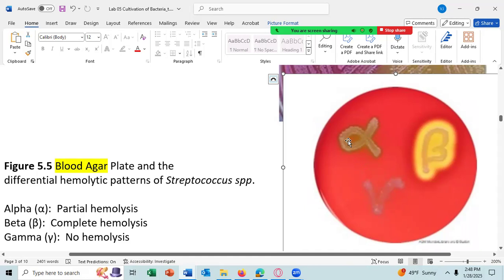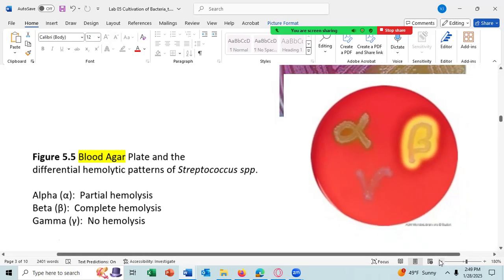That darkening, or sometimes it looks greenish, here it looks dark, is from the partial hemolysis of the red blood cells. And as you can notice, around the beta hemolysis, we have a darkening, and it's normal to see a ring of alpha hemolysis around beta hemolysis. Let me shrink that down now.